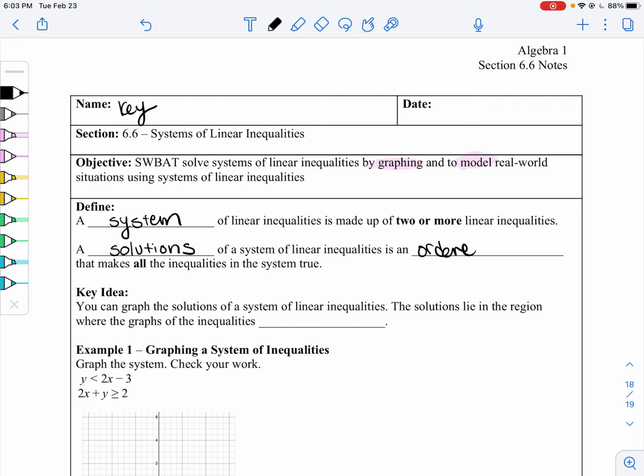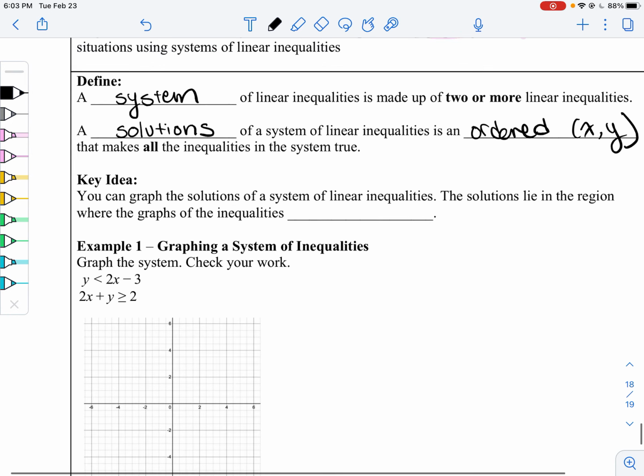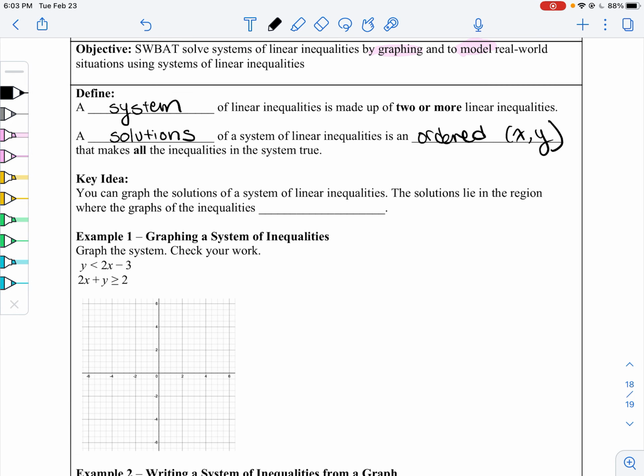It's going to be a point on the graph represented by an xy coordinate that makes all the inequalities in the system true. So just like you found the intersection of two lines, here, since they're inequalities with shaded sides, the solutions lie where the graphs overlap.